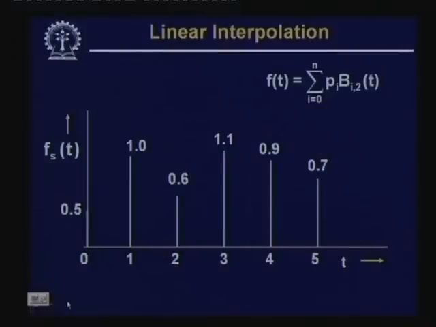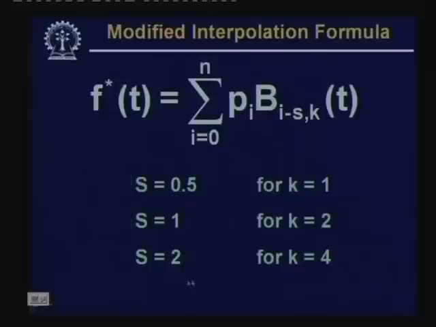So, your interpolation or approximation that you are doing is very much biased, because it is only considering the sample values to the left of this particular point. We are not considering the sample values to the right of this particular point t equal to 1.7. So, that is a problem with this basic interpolation formula.